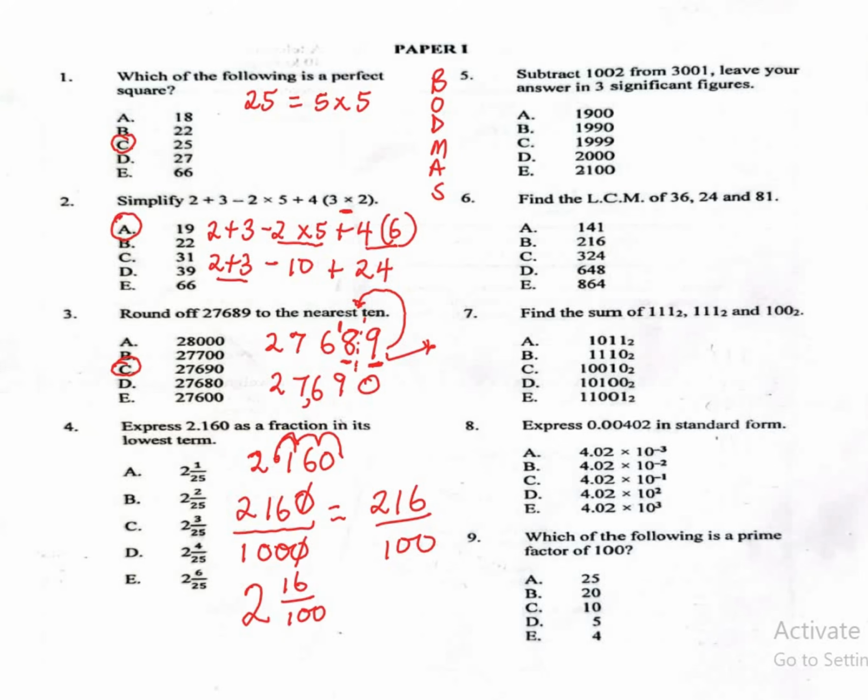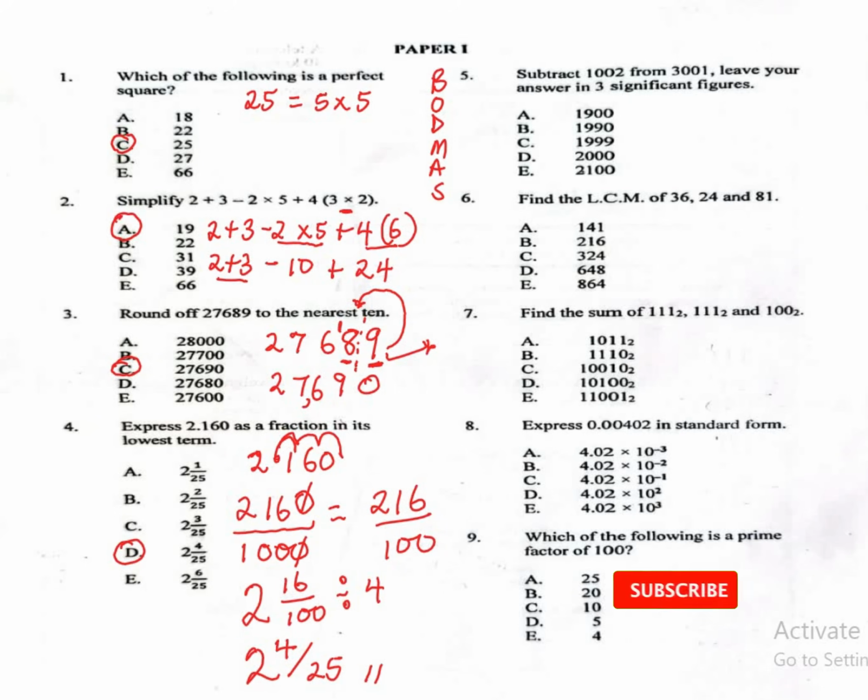Now reduce the fraction 16 over 100 to the lowest term by dividing both sides by 4, or you can work with 2 if you prefer that. So 2 whole number. 16 divided by 4 is 4. 100 divided by 4 is 25. So our answer is 2 whole, 4 out of 25, which is option D.